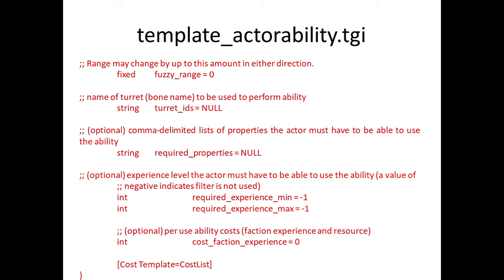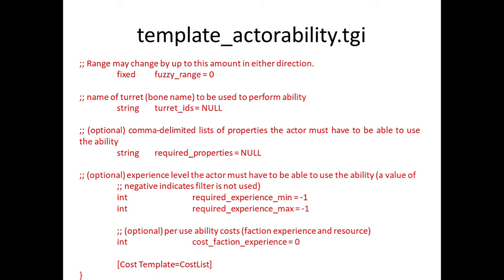Required experience, min and max, this is very straightforward as well. Just remember, as it says here, the number value assigned to these fields is referring to the level of veterancy that the unit has.